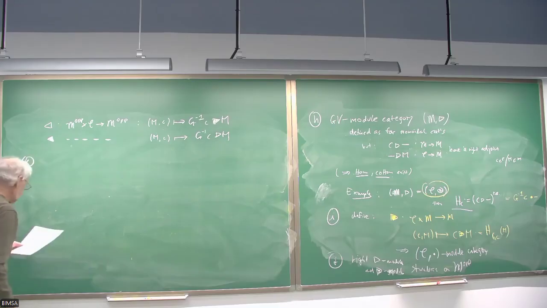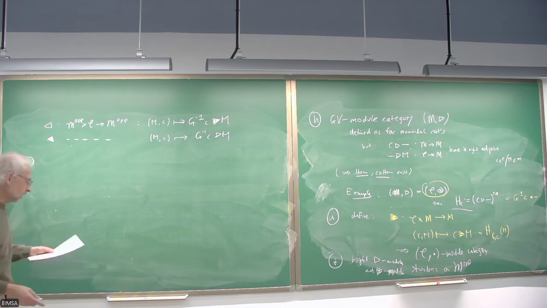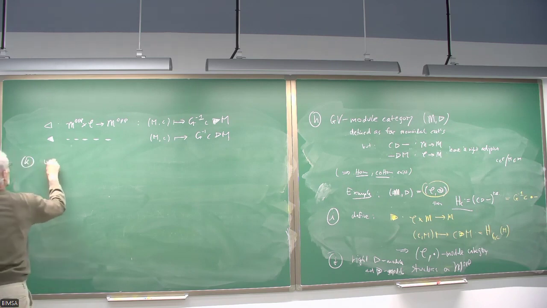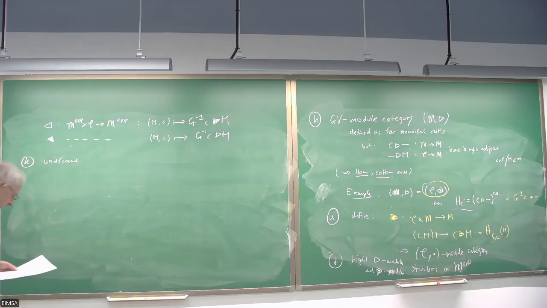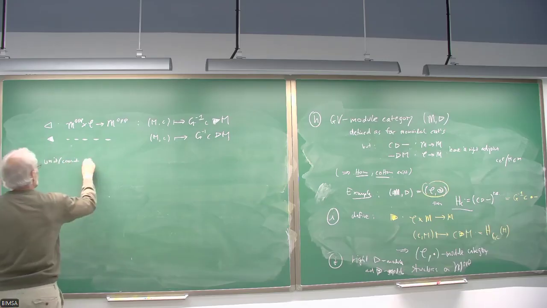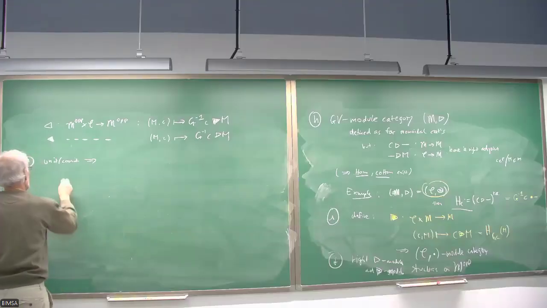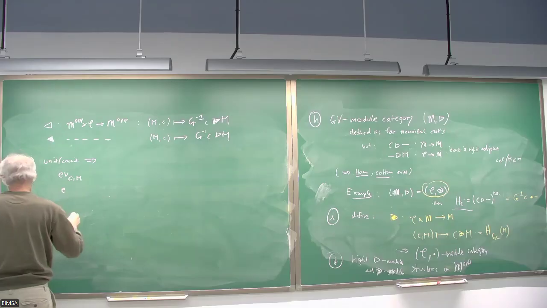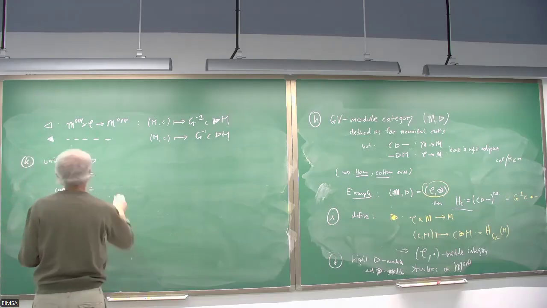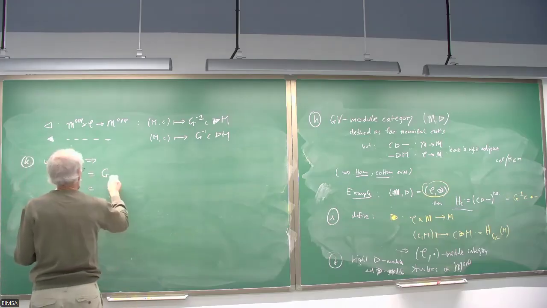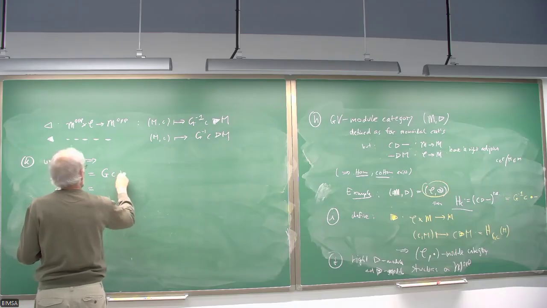Then via the unit and co-unit of the defining adjunction, one gets analogs of evaluation and co-evaluation morphisms of the following type. But in addition to what we have from the internal HOMs, we will see a relation.